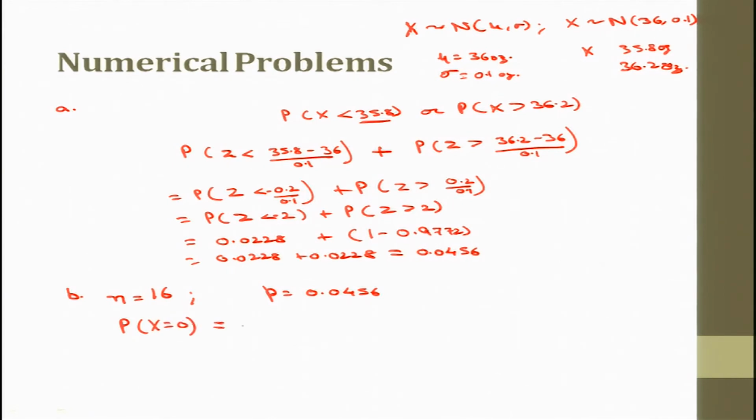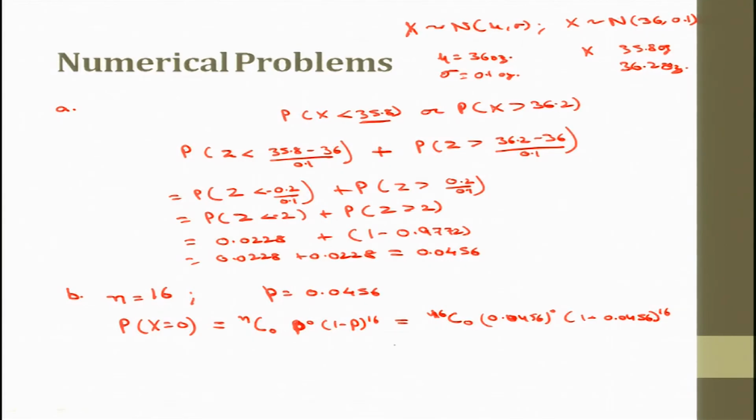For x equal to 0, the relation that I have would be nCx, that is 16C0, p to the power 0 and 1 minus p to the power 16, which is equal to 16C0, 0.0456 to the power 0 and 1 minus 0.0456 to the power 16. Okay.